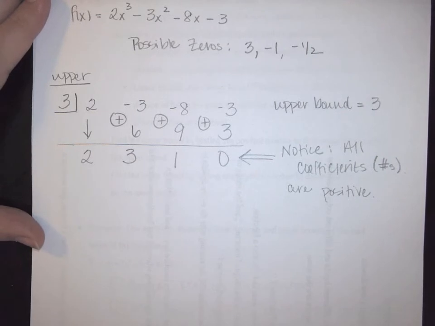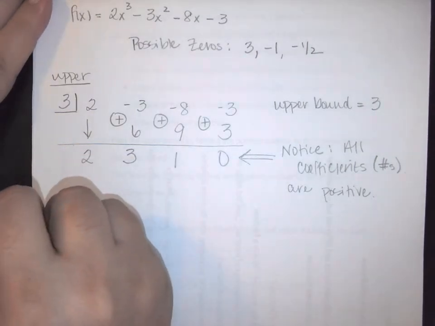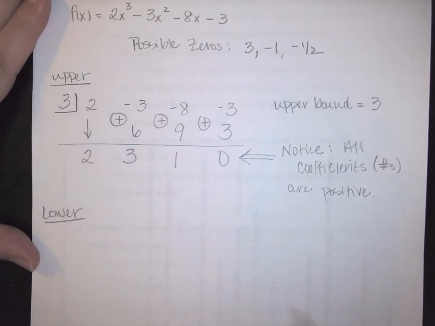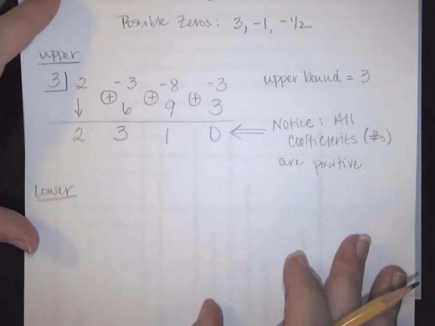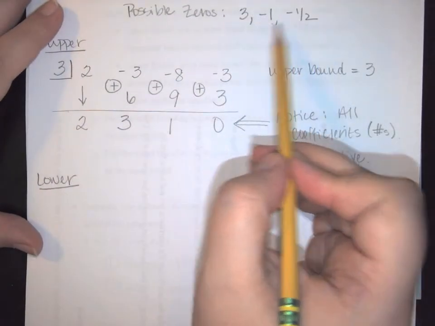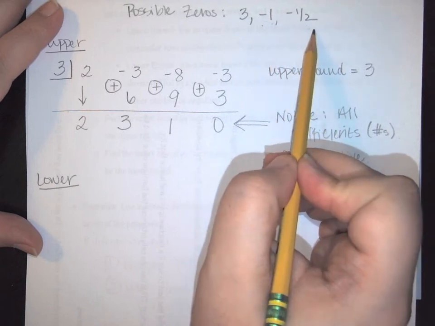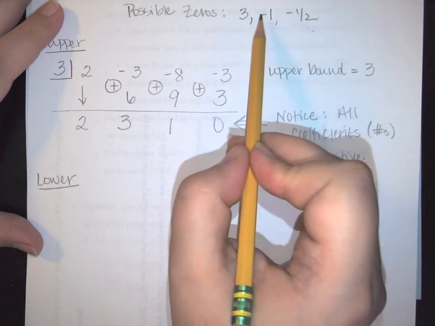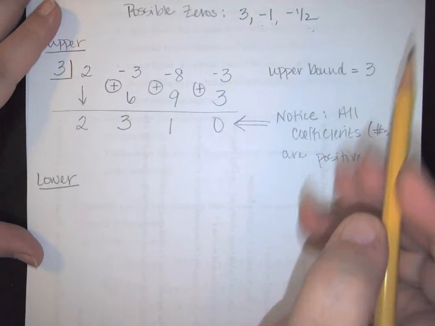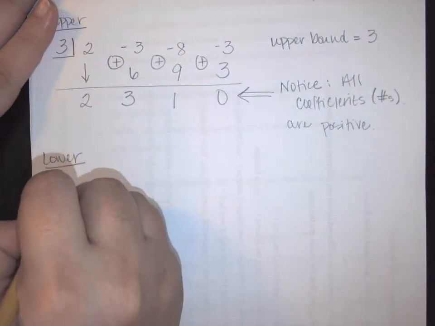Now I can look at the lower. So my lower, I want to use the largest, most negative. So I have 2 negatives here, negative 1 and 1/2. I'm not going to use 1/2, so I'm going to look at negative 1 because it's larger.